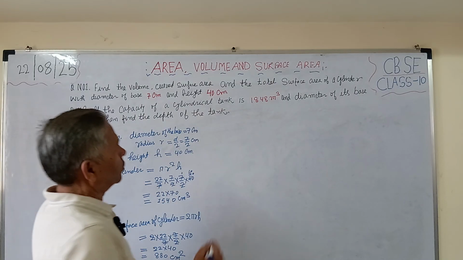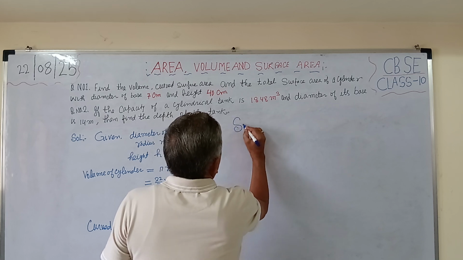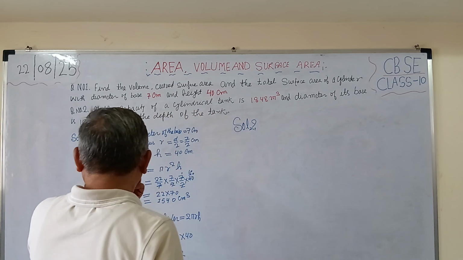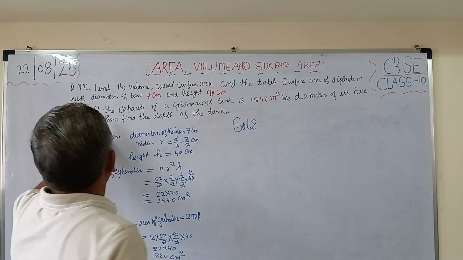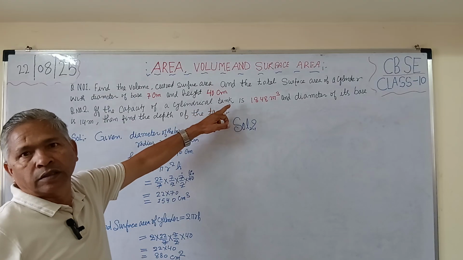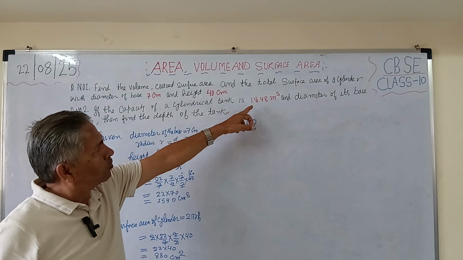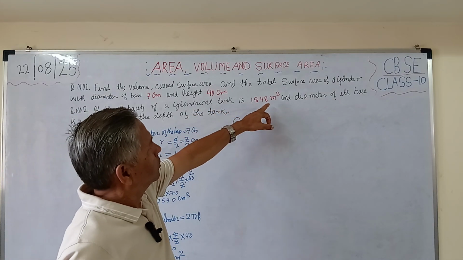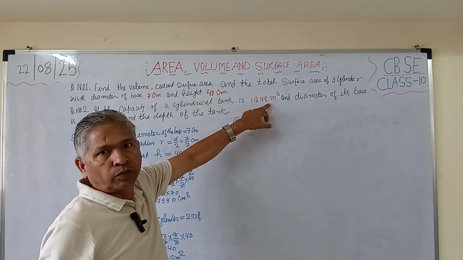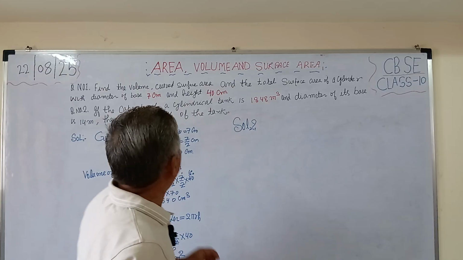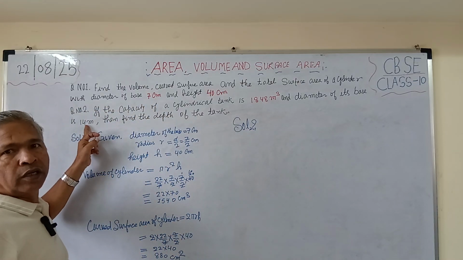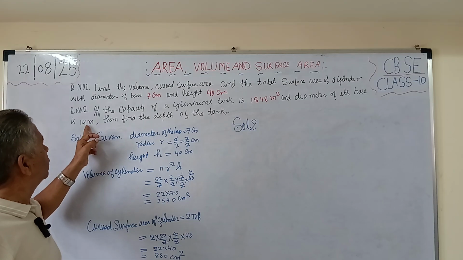Now I will solve the question number 2. Solution for question number 2. If the capacity of a cylindrical tank is 1848, means 1848 meter cube, and diameter of its base is 14 meter.